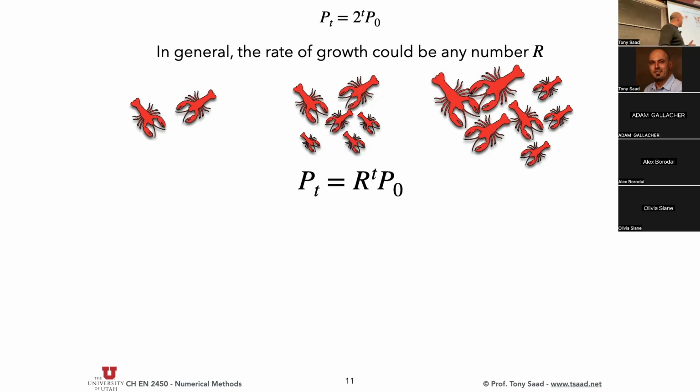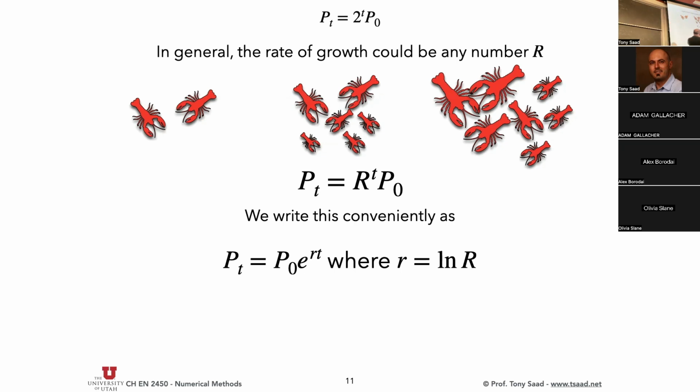So in general, any population could reproduce at a rate capital R. And starting with P0, after T days have passed, the number of individuals is R to the power T P0. Just like we had for the paramecium, where R was 2 because each paramecium divides into 2 exactly. In general, R could be any number. Now, even better, we can write this R to the power T as an exponential, because we like exponentials. It's easier to work with exponentials than powers like this.